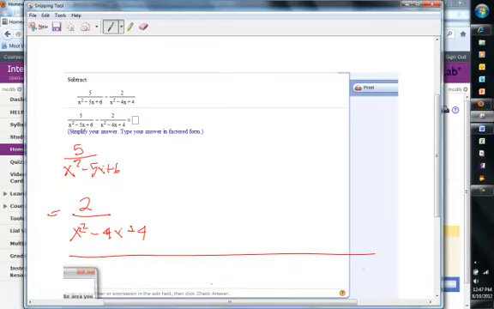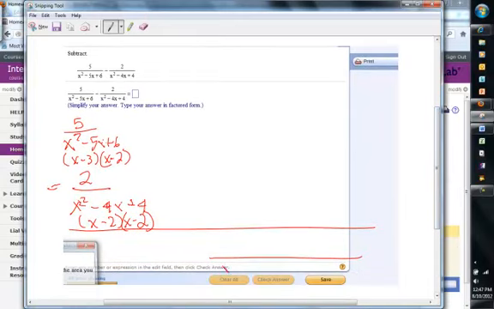Our denominator, we first of all have to factor this denominator into x minus 3, x minus 2. This denominator into x minus 2, x minus 2. Now, for our common denominators, everybody will agree there's going to be an x minus 2. That's right here and here.